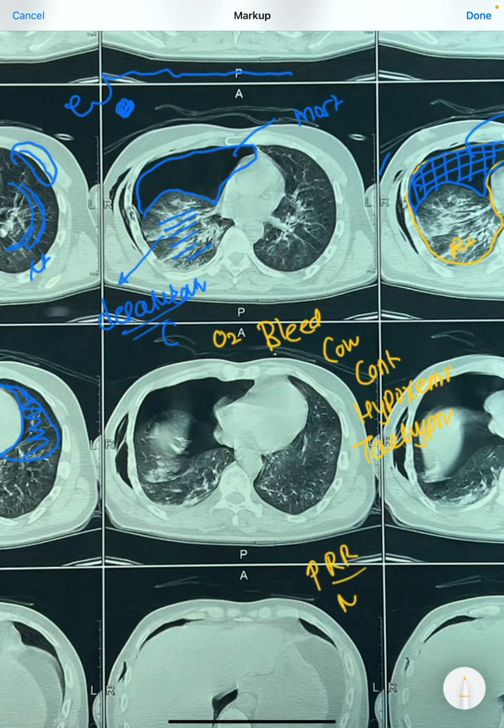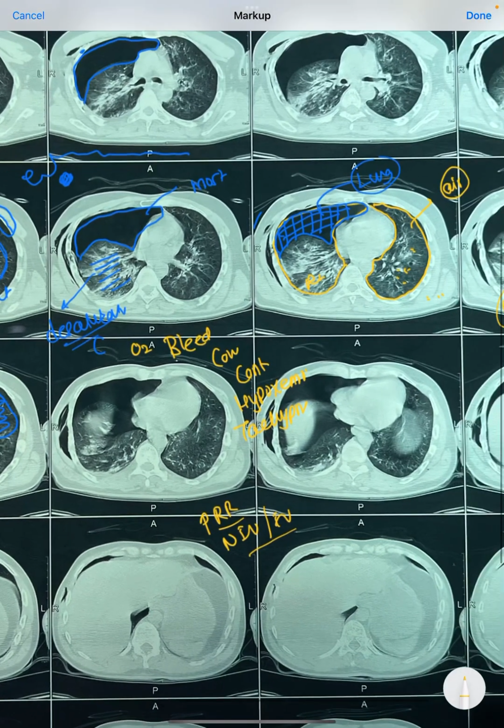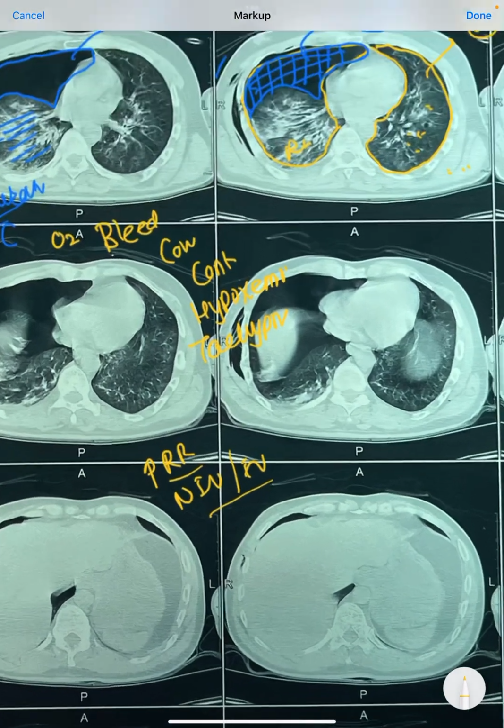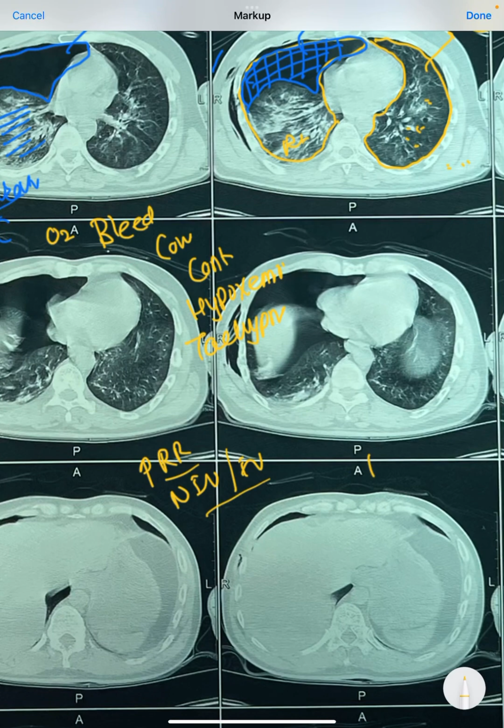These patients may need non-invasive ventilation or invasive ventilation depending on the stability of the patient, and these patients are usually put on steroids, either around 300 milligrams of hydrocortisone, or, according to the weight of the patient, we can give methylprednisolone.